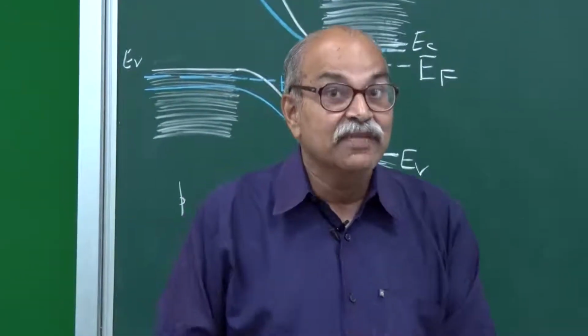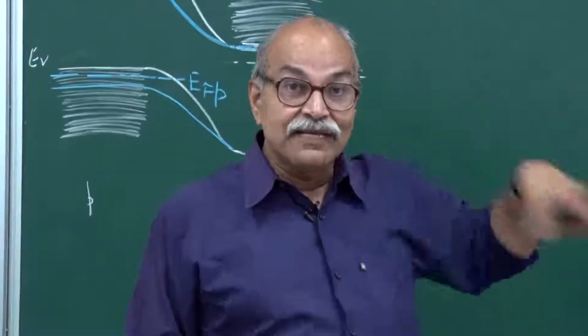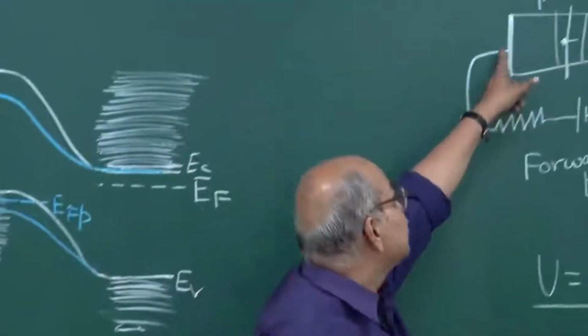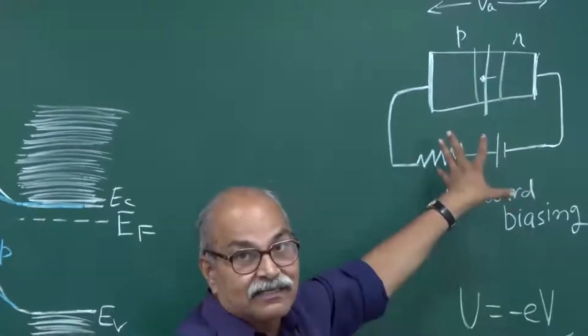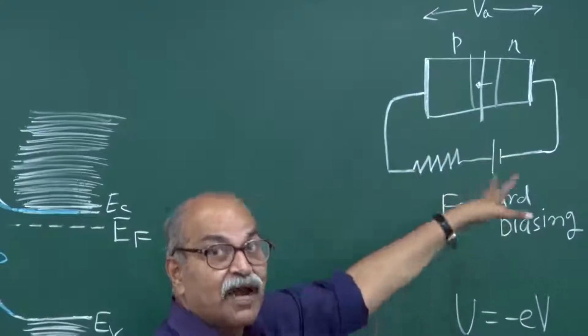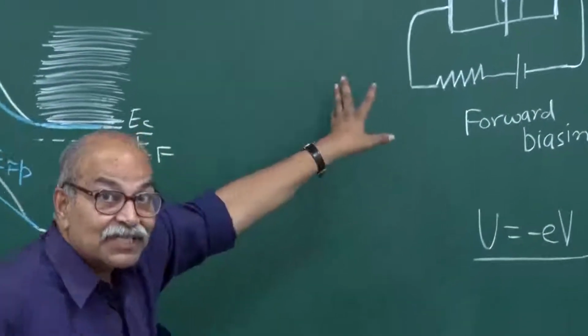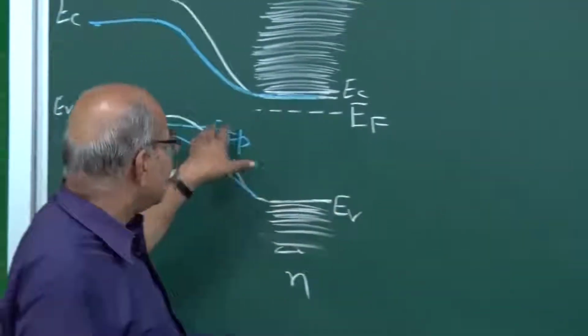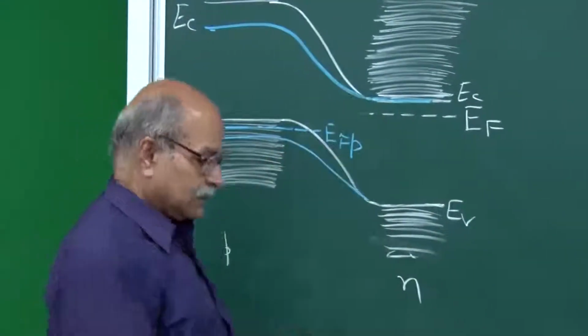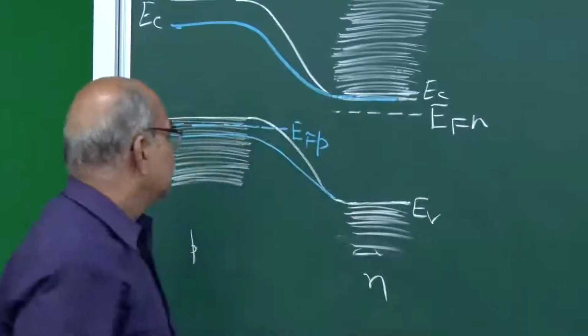Now we have disturbed that equilibrium by putting this cell, and constantly this cell will keep this potential difference fixed. By forcing this, we will be forcing some current to continuously flow, and therefore that static situation will not be there, and so you can have two Fermi levels on the two sides. This is for the N side and this is for the P side.